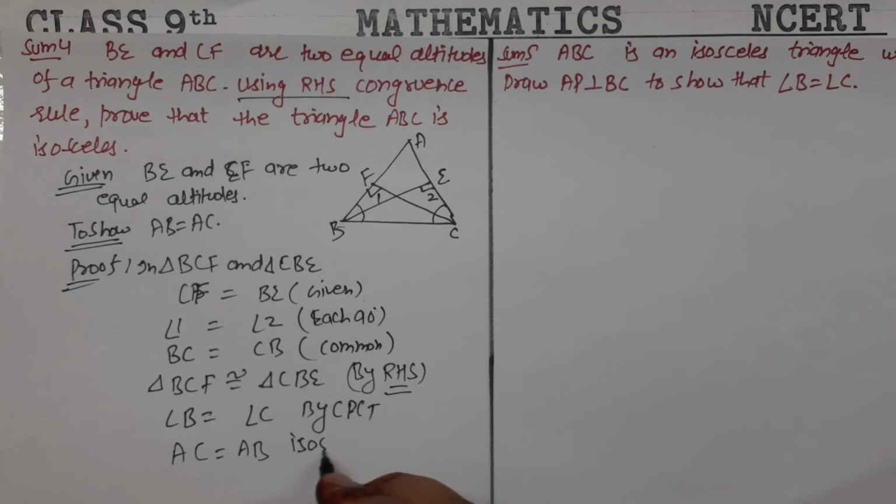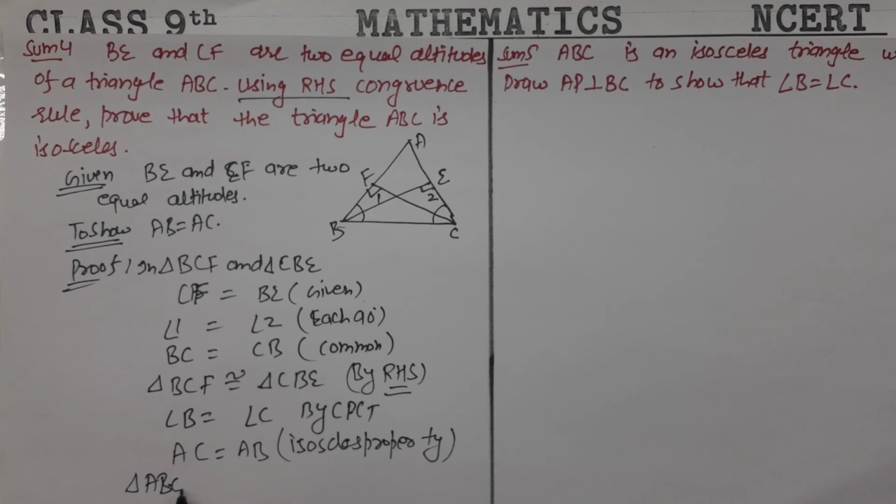Isosceles property: if two angles are equal, then their opposite sides are also equal. If AC equals to AB, then triangle ABC is an isosceles triangle.